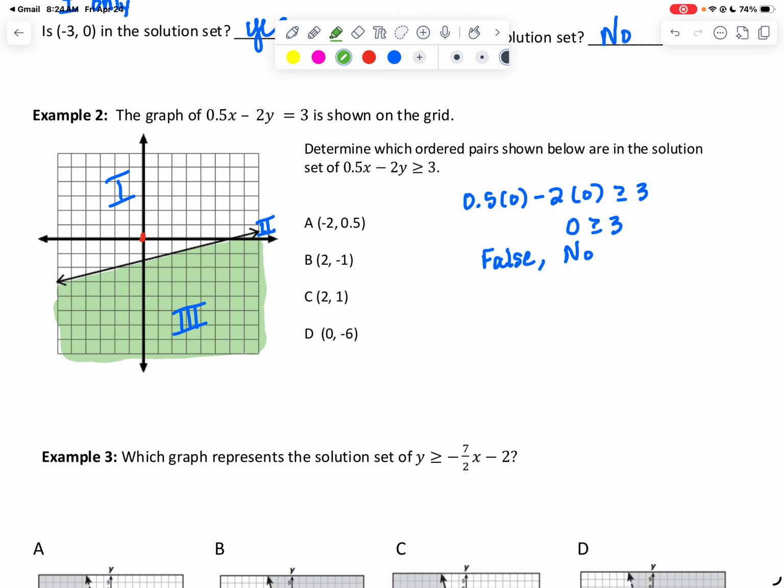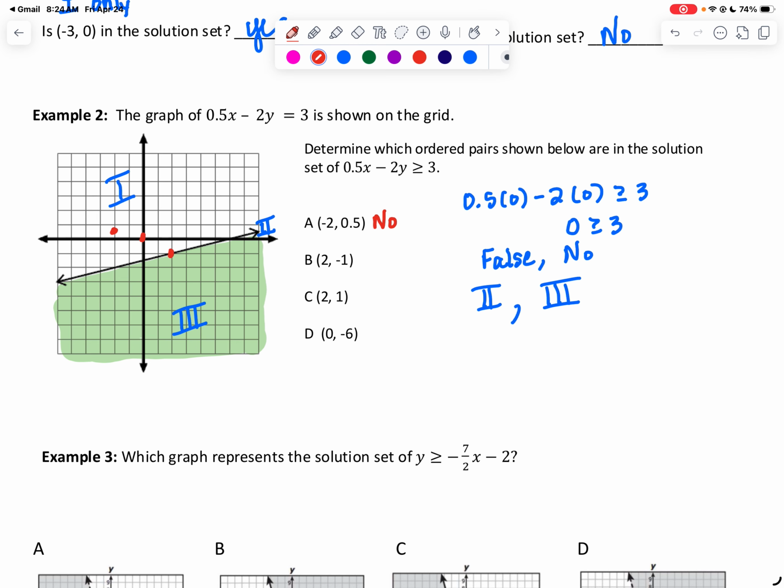So in this problem, everything in region 2 is a solution because the line is solid, and everything in region 3 is a solution. Now what we're going to do is test each point and write yes or no. So negative 2 comma 0.5. So that would be left 2 and up a half. That would be a no. 2, -1.